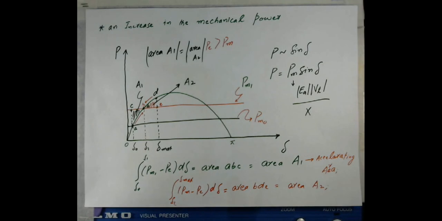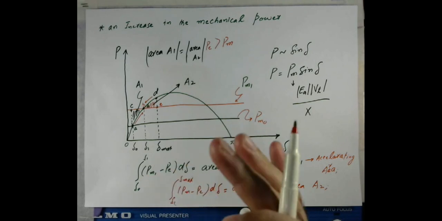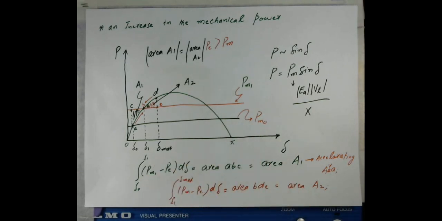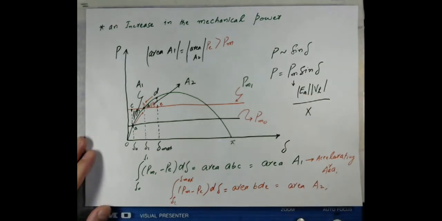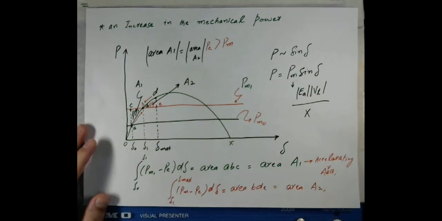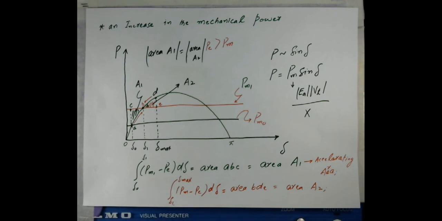And the magnitude of the disturbance indicates that we need to focus more on the case where the disturbance magnitudes are large, because as I discussed, if there is a disturbance, there will be a change in the angle, and if the angle exceeds the theoretical maximum limit, the machine will lose synchronism, and then that machine will not take part anymore in the power transfer.